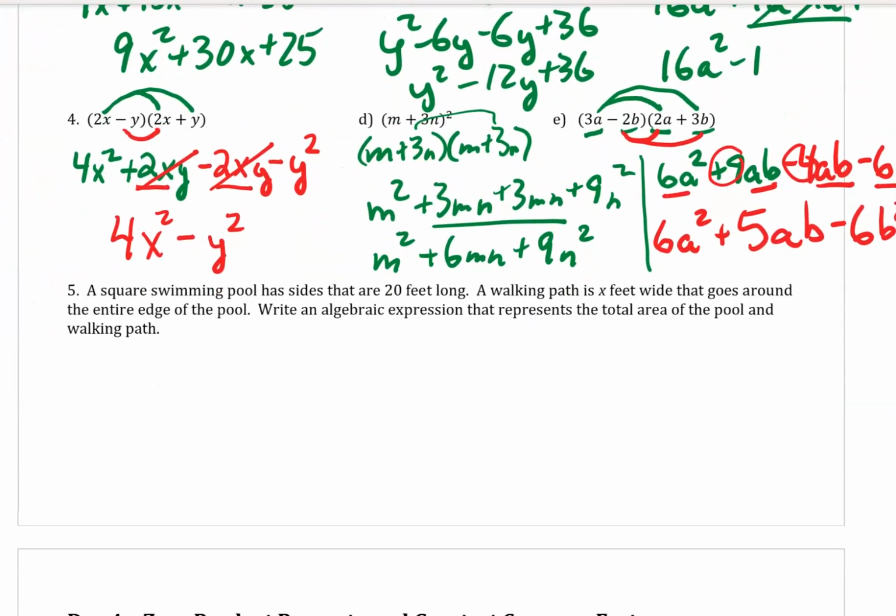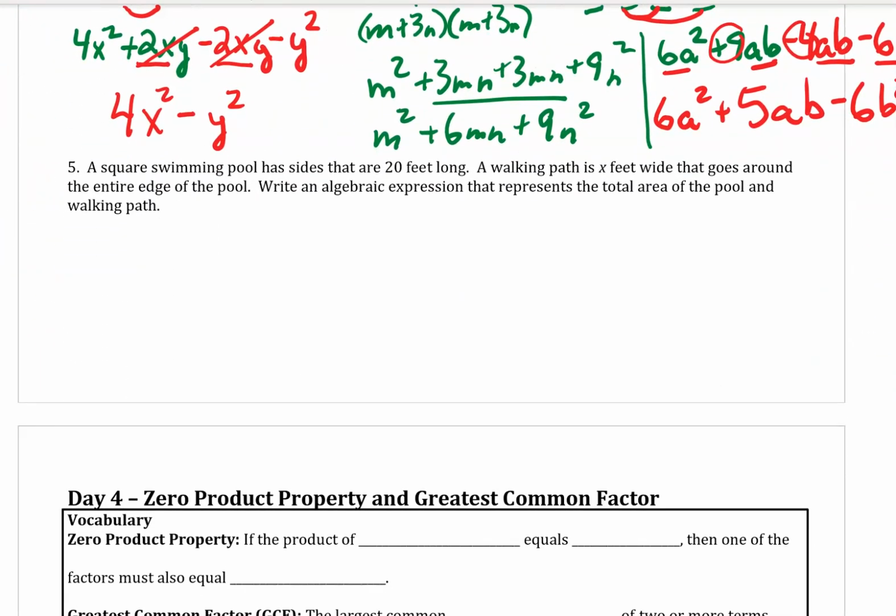Now a word problem. A square swimming pool that has sides that are 20 feet long. It has a walking path, x feet wide, that goes around the entire edge of the pool.